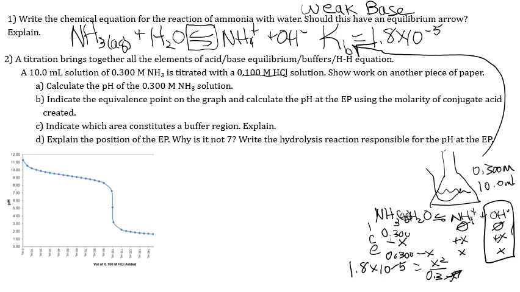Throw out the x in the denominator, and I believe you guys got, solving for x, which is the OH concentration, 2.3 times 10 to the minus third, something like that, 0.0023. And then we take the minus log of that number.